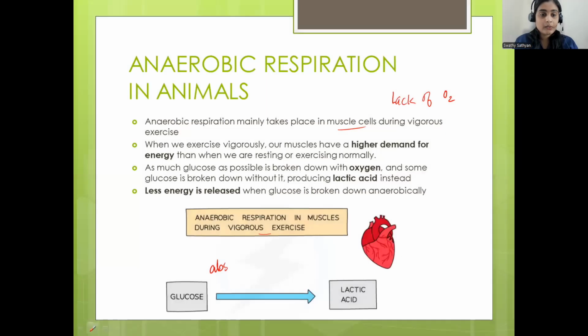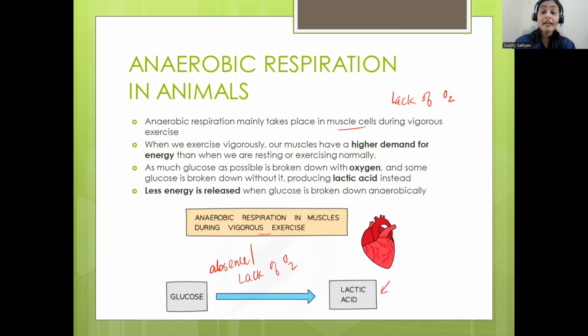Okay. So glucose in the absence or lack of oxygen undergoes a chemical reaction, but it produces lactic acid. Okay, lactic acid. So that is why, if we are doing a highly vigorous exercise, we feel certain uncomfortableness in our muscles, like in our thighs or in our hands.